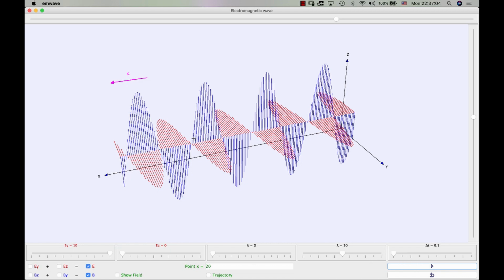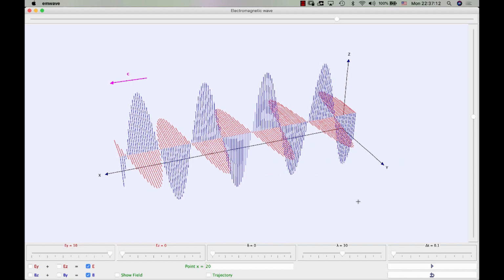This is true whether you do it here or over here. So try it both ways. Pause the video for a second, play with it until you get it.